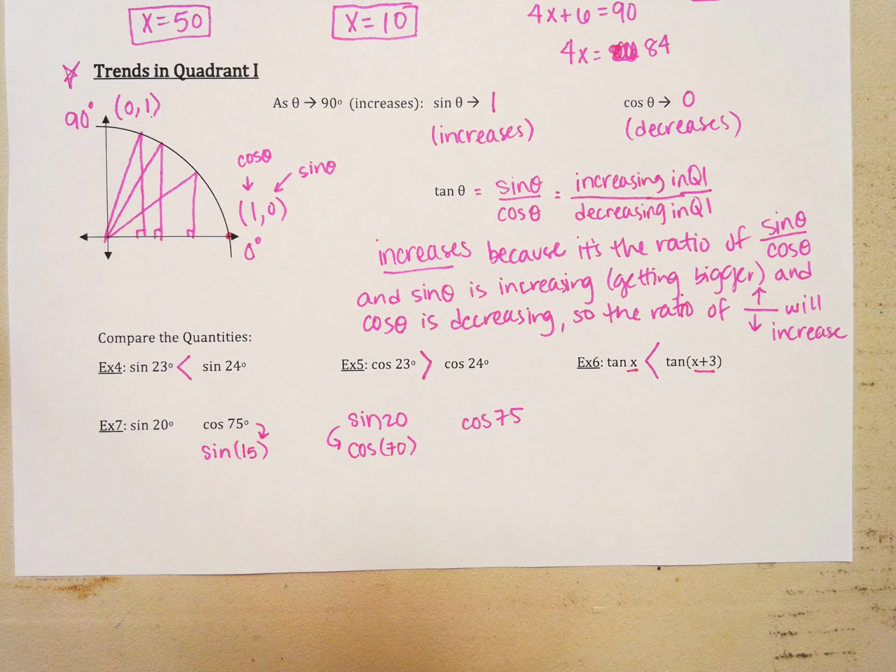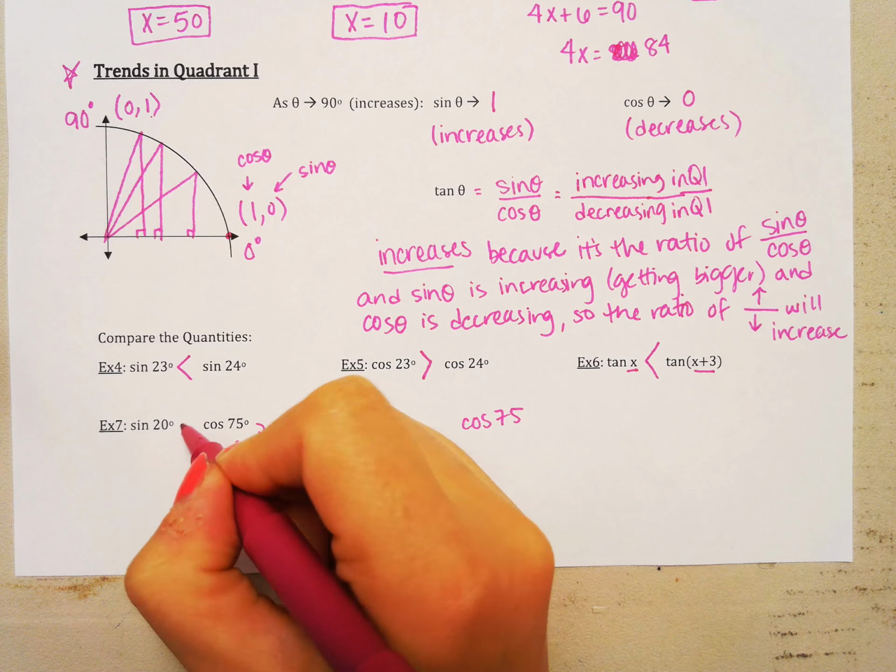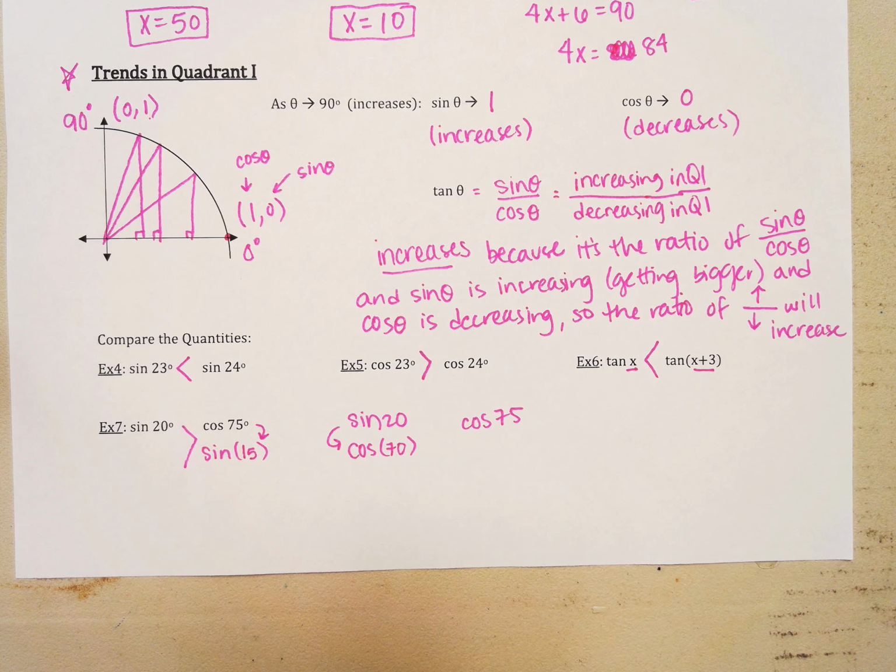Again, if we're thinking about quadrant 1, as my angle is getting bigger, my opposite side is getting bigger, my y value is getting bigger. So my sine of 20 would be bigger than my sine of 15. And then again, the opposite is true for cosine.